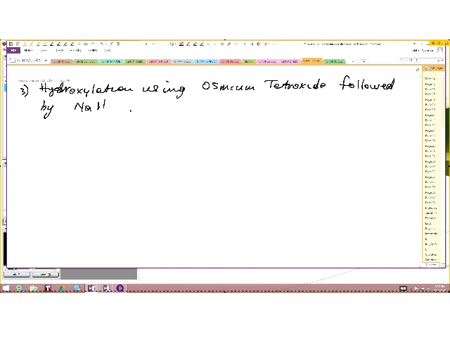All of this is still from alkenes. So if I take an alkene, by the way, hydroxylation means you are adding 2 hydroxy groups across the carbon-carbon double bond.